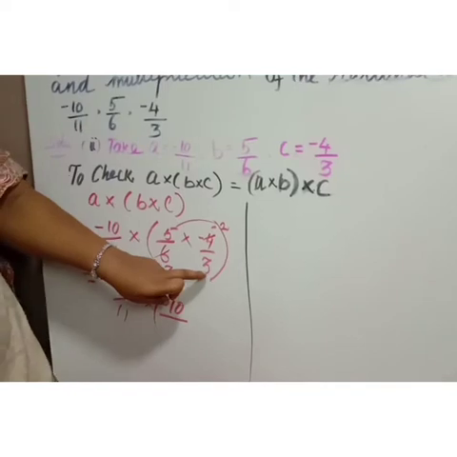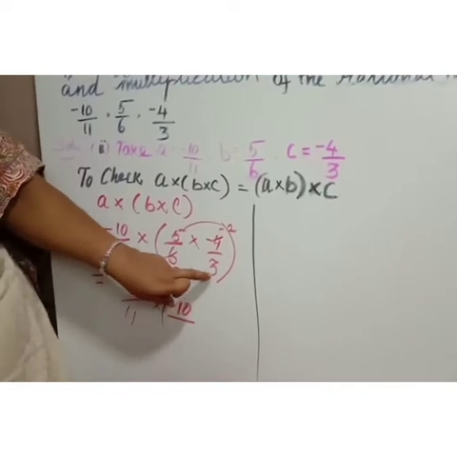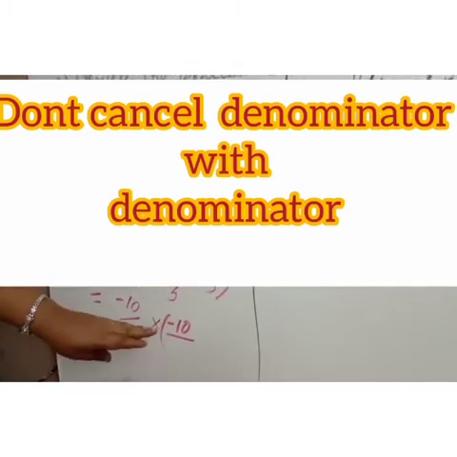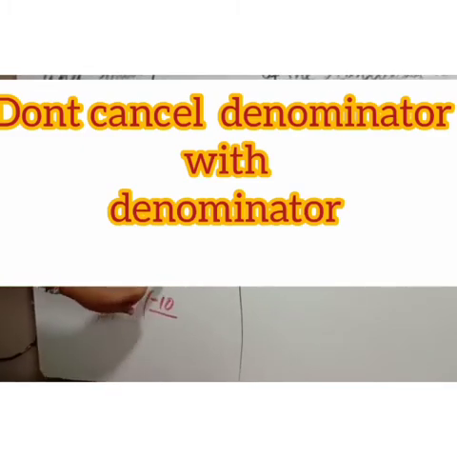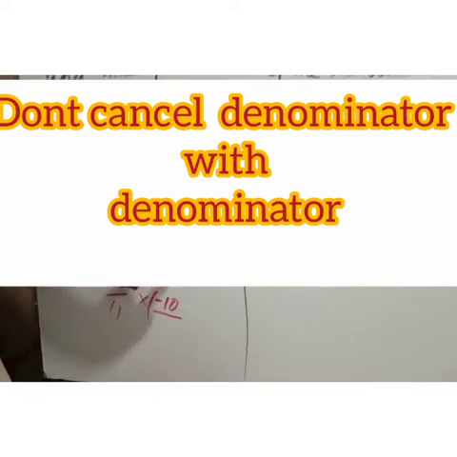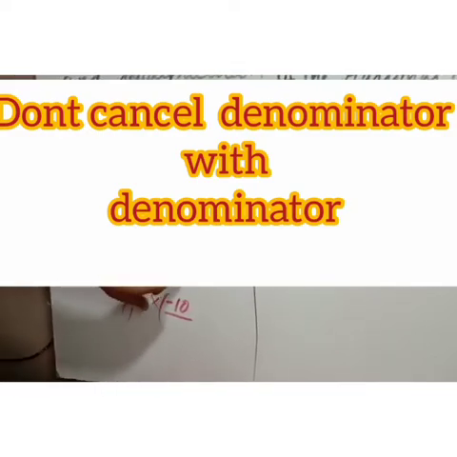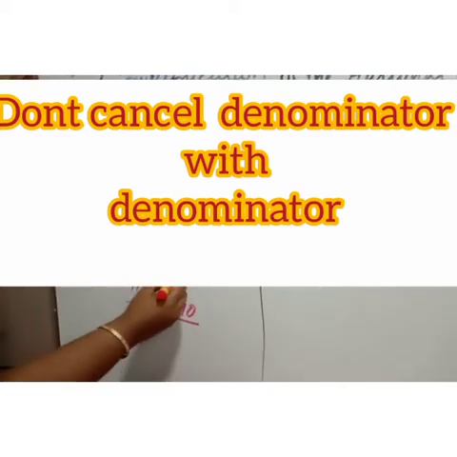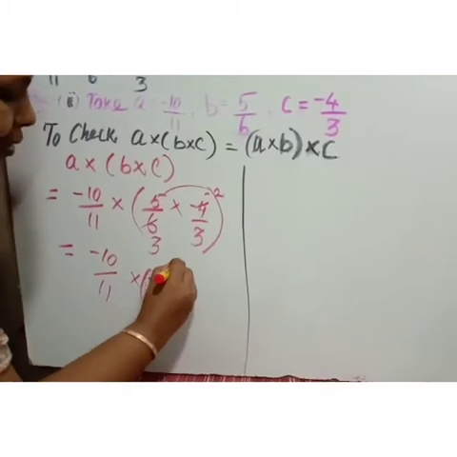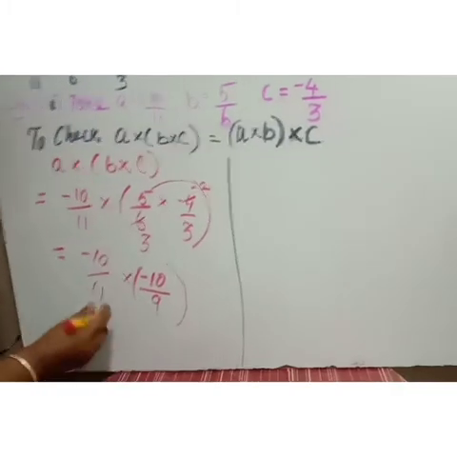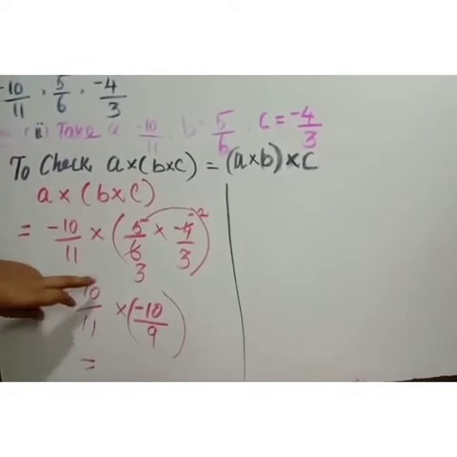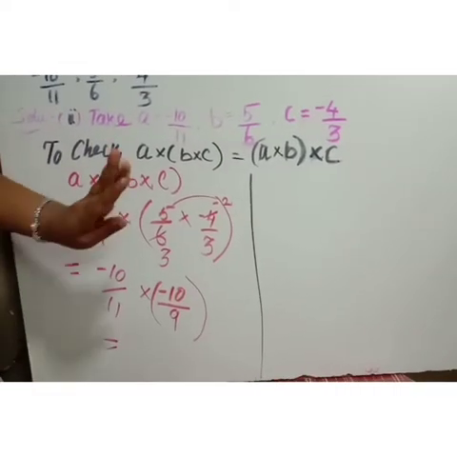Many students have a doubt: here also 3, shall we cancel this 3, ma'am? No, you don't cancel these two 3s because both of them are in the denominator. So 3 into 3 is 9. Again, both are numerators, minus 10 and minus 10, so don't cancel numerator with numerator.